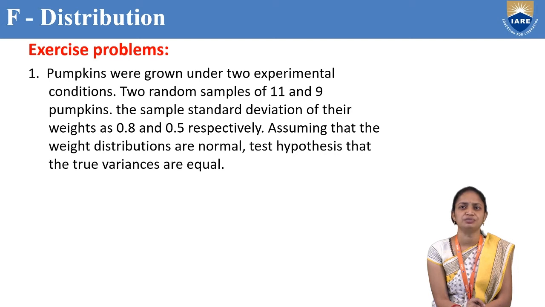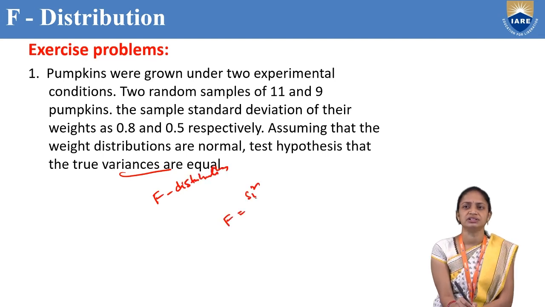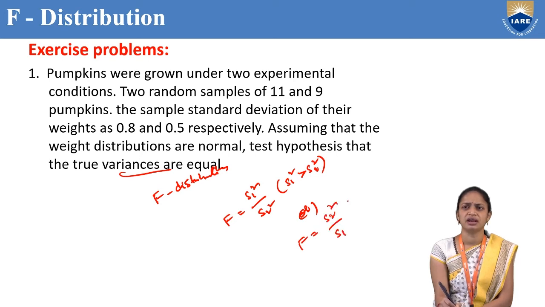Assuming that the weight distributions are normal, test the hypothesis that the true variances are equal. For variances we have to use the F distribution. The F distribution formula is F equal to S1 square by S2 square, where S1 square is greater than S2 square, or F equal to S2 square by S1 square, where S2 square is greater than S1 square.